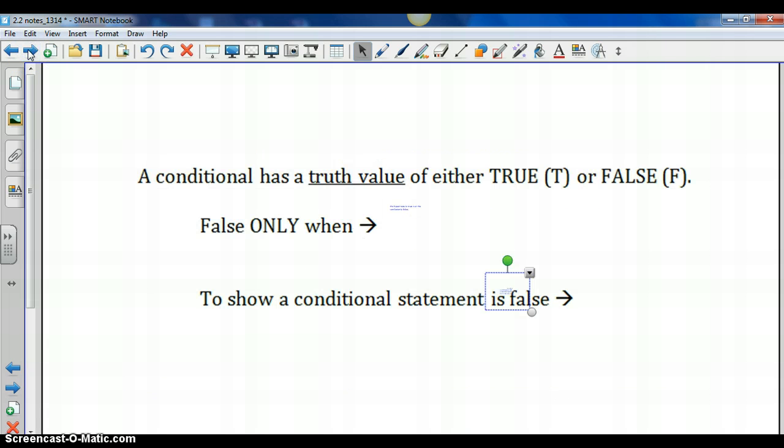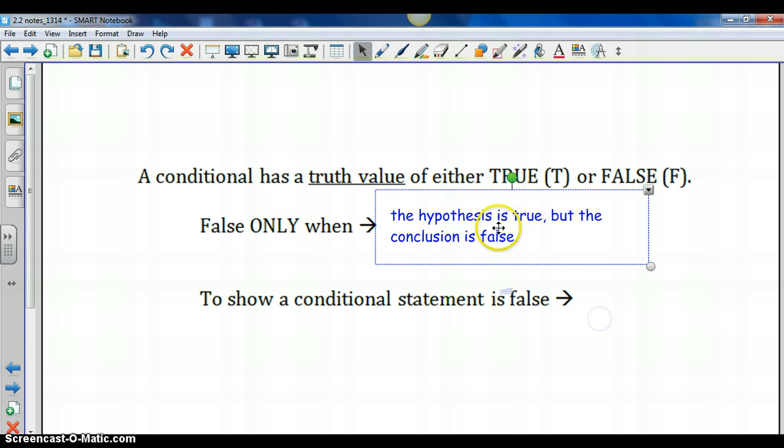So we need to be able to evaluate a conditional statement based on its truth value, whether it is true or false. This is going to take a little bit of a stretch for some of us to comprehend, but a conditional statement is only false when the hypothesis is true or satisfied, but the conclusion is false.